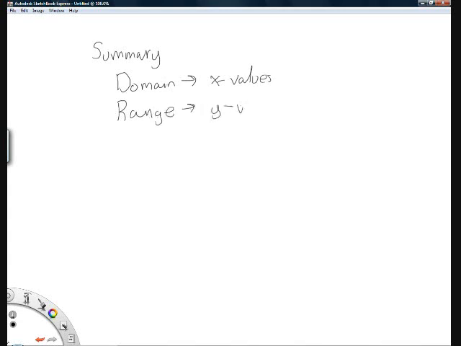As a summary, the domain is the x values, the range is the y values.